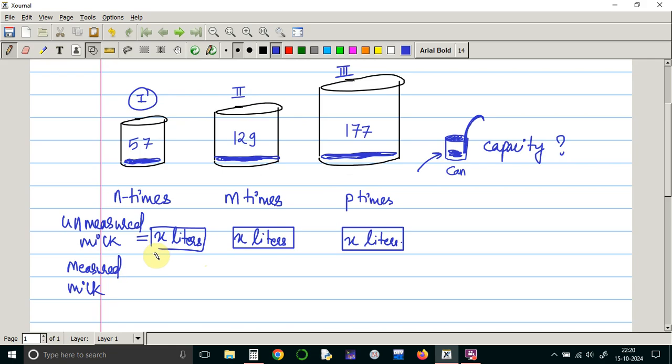How much milk is measured with the help of this can? So out of 57, this x is unmeasured. So this means that 57 minus x liters is measured. Similarly here, 129 minus x liters is measured in the second jar, and 177 minus x liters is measured in the third jar.